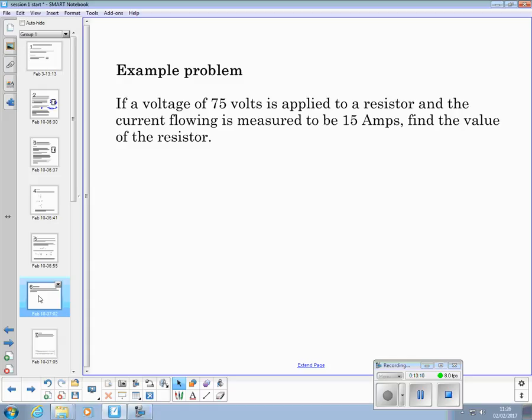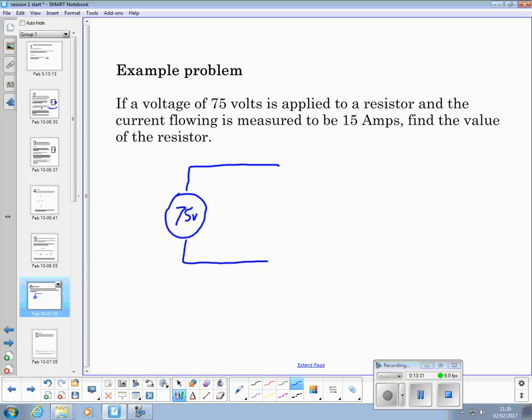So let's have a look at an example. A voltage of 75 volts is applied to a resistor, and the current flowing is measured to be 15 amps. So here's our voltage supply. Always worthwhile drawing a diagram. 75 volts applied to a resistor, and that resistor is unknown, so we'll give it the symbol R. We'll call that E for the supply voltage.